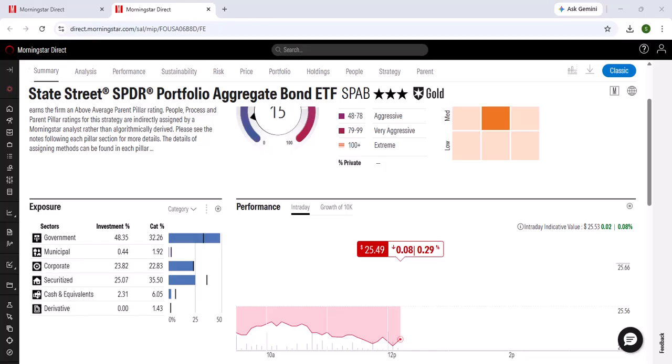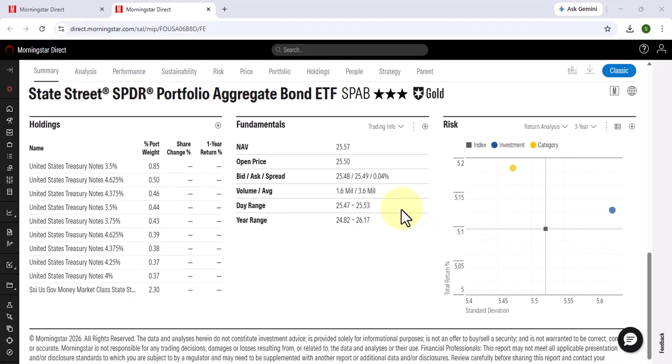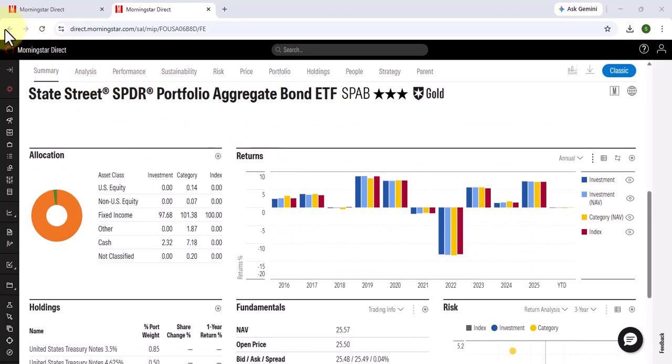The one that I didn't score well on was the SEC yield. The SEC yield on it was 4.26 compared to an upper quintile of 4.44. So not too bad there, not too far off.